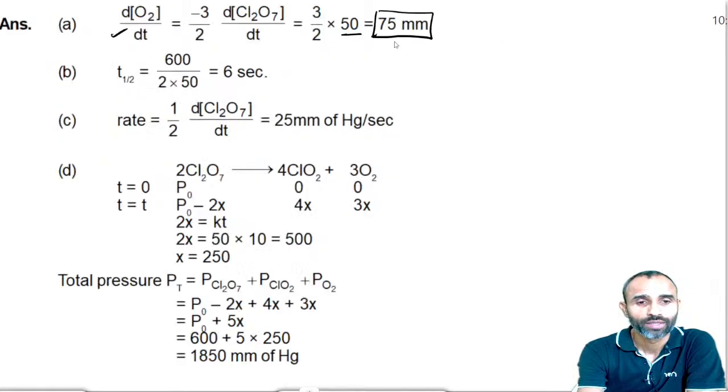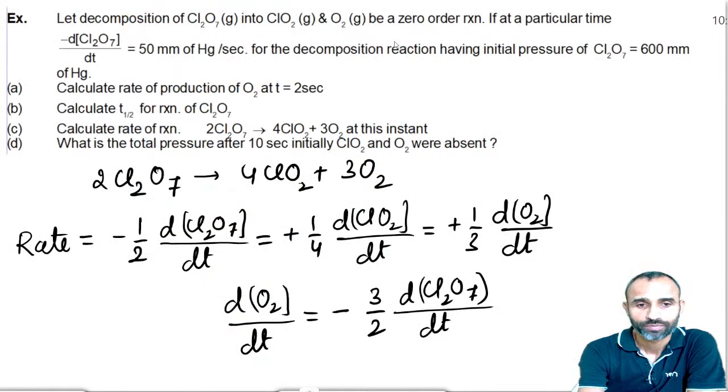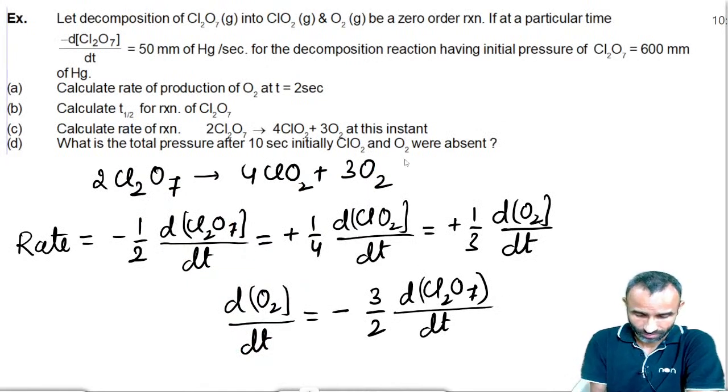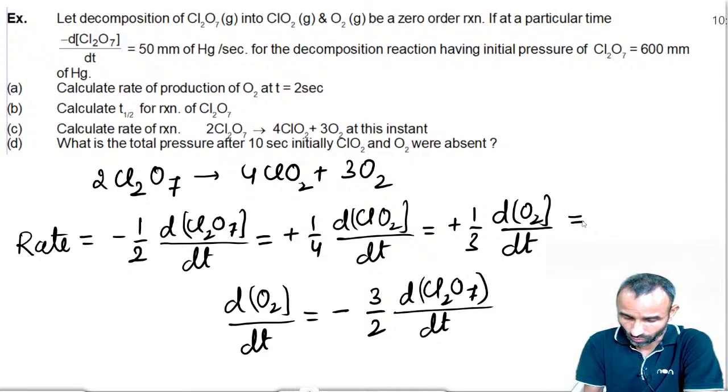Now t half. t half means, now what is d[Cl2O7]/dt is given. t half is C naught. Instead of C naught we write P naught, and this is equal to, because it is a zero order reaction, K [Cl2O7] raised to power 0.